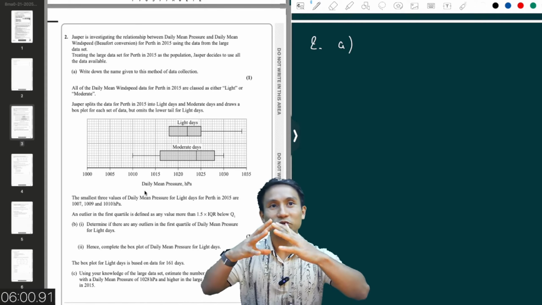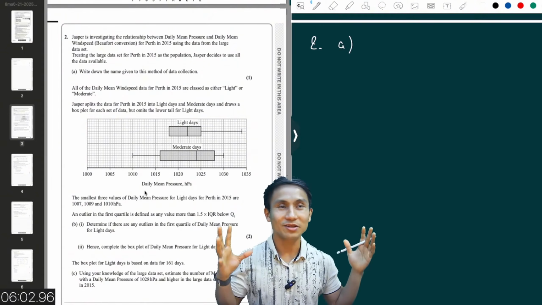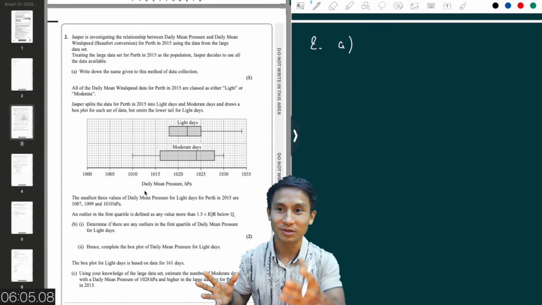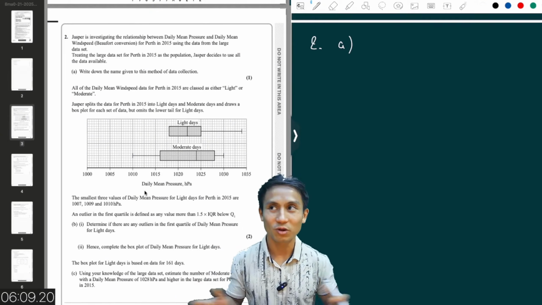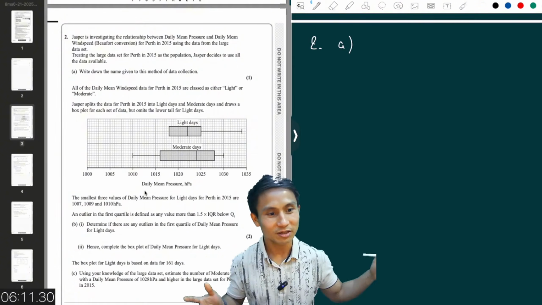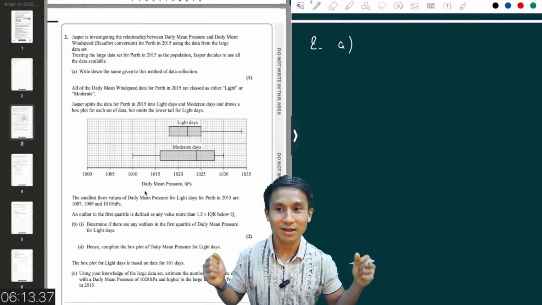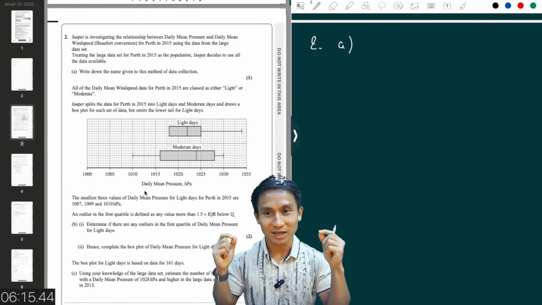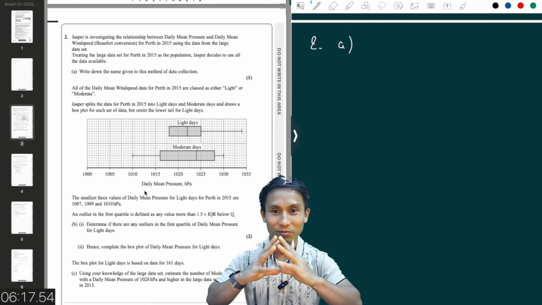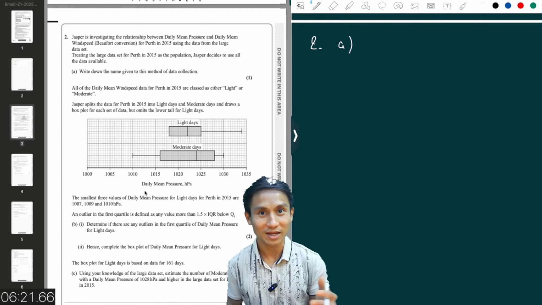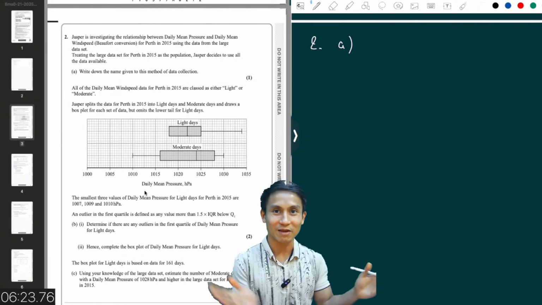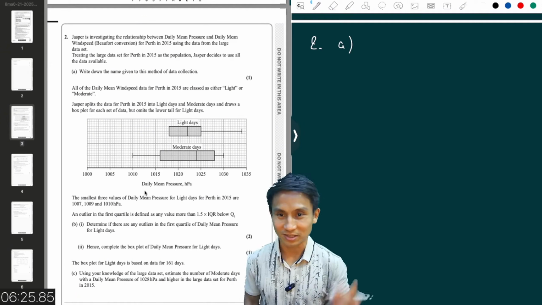So when you treat something as a population, and let's say you want to find the mean of daily mean pressure, you want to find the mean of the pressure on every day. And because he is treating all available data as the whole population, he is going to take all of the data and find the mean. This is called census, right?